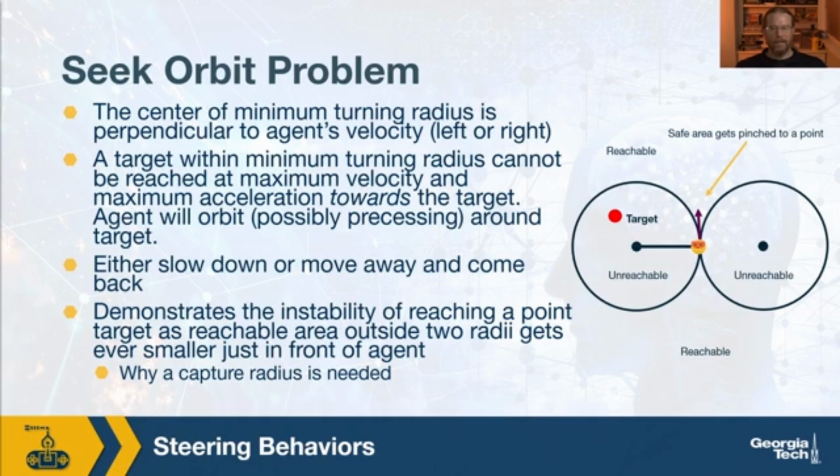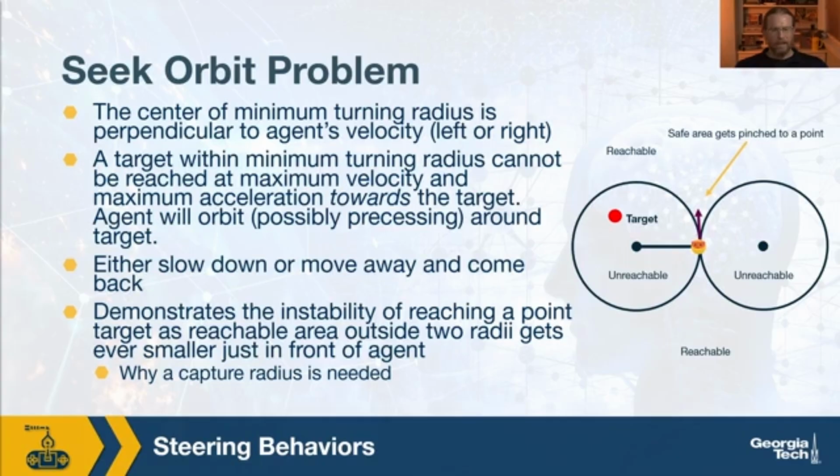Well, that point is going into a more and more narrow spot between these two circles. And if there's any sort of rounding error that bumps that point either to the left or right, and it accidentally ends up falling inside the circle, the agent won't be able to get to it if it stays at full velocity and full acceleration. So you just keep circling around if you don't perfectly run over the point.